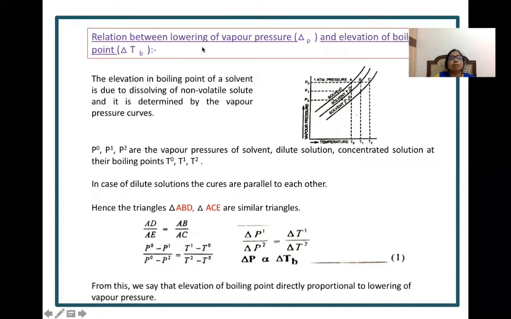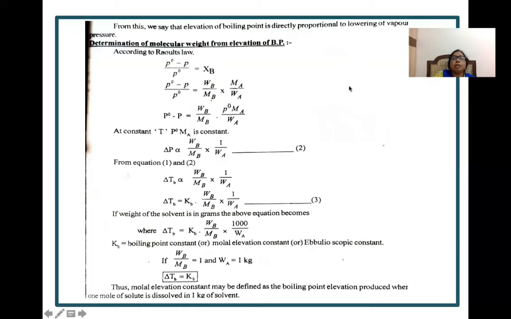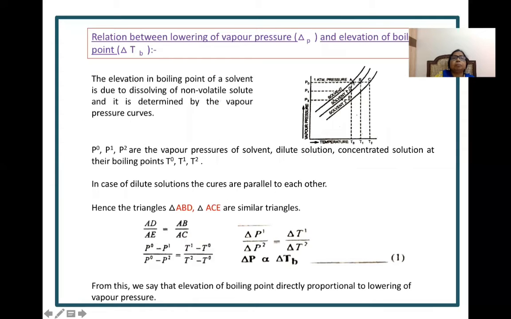Relation between lowering of vapor pressure delta P and elevation of boiling point, that is delta TB. The elevation in boiling point of a solvent is due to dissolving of non-volatile solute, and it is determined by the vapor pressure curve.